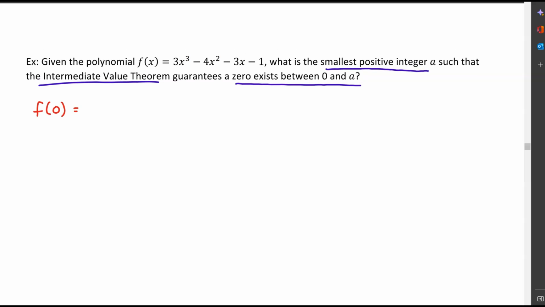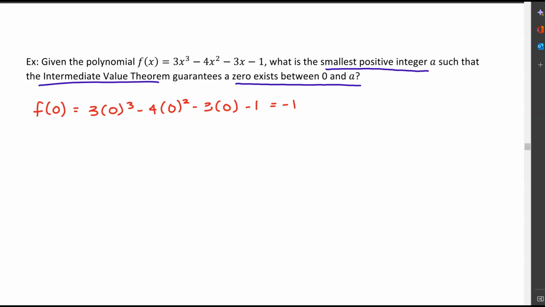So f of 0 is going to give us 0 cubed minus, so this is going to give us a negative 1. So we're really looking for when we are going to be able to get that positive value, because that's when that sign is going to switch.